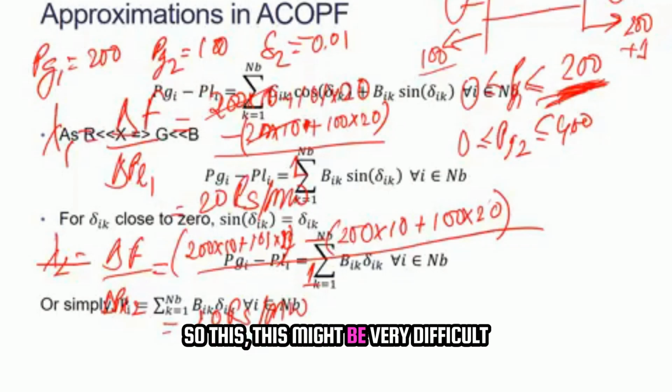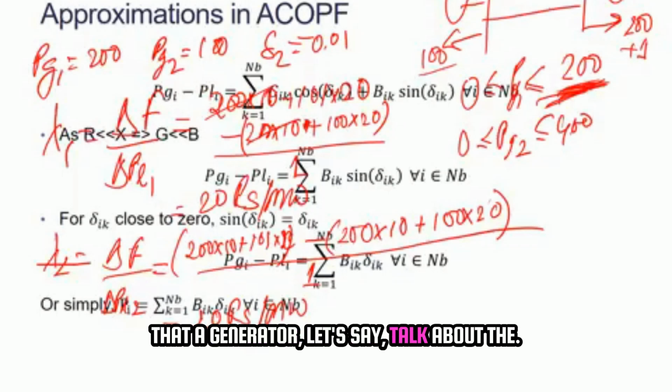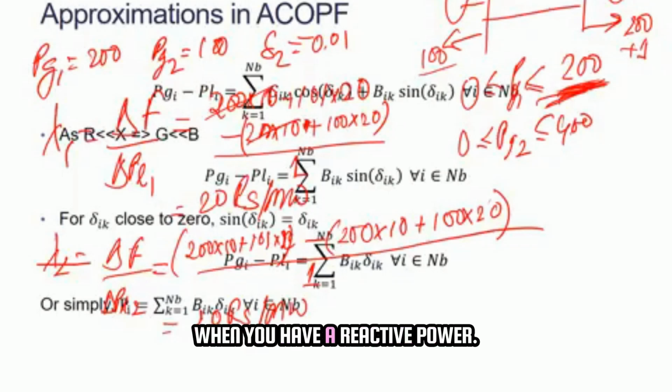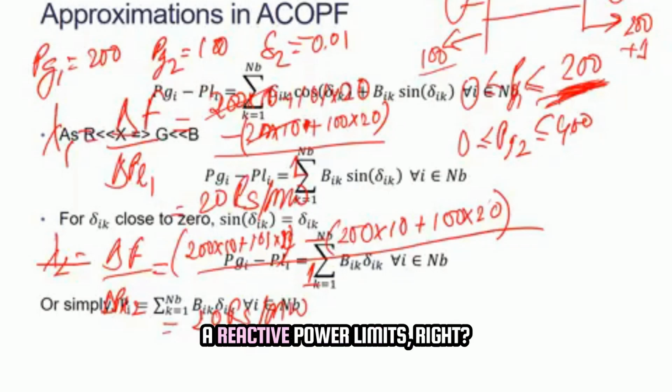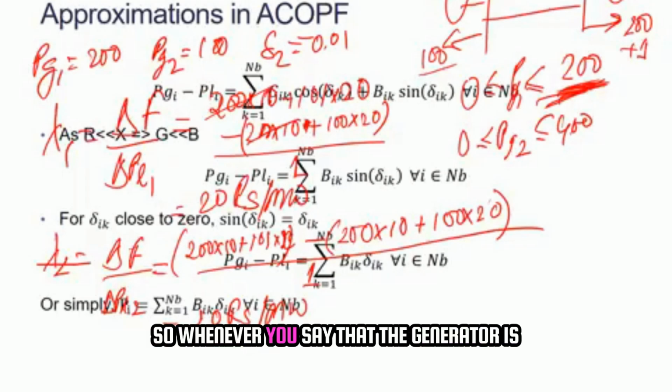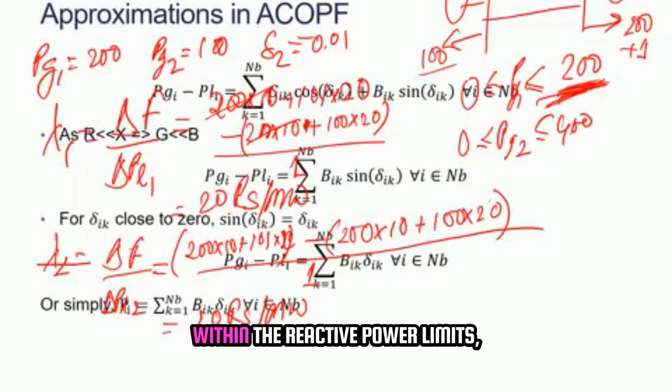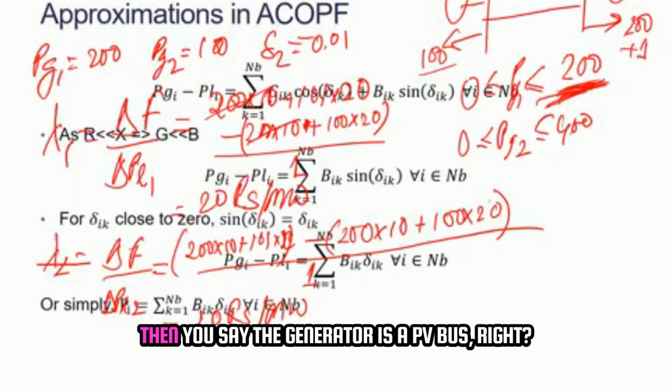This might be very difficult to visualize at this moment, but think about power flows, where you keep reactive power limits. Whenever the generator is within the reactive power limits, you say it is a PV bus.